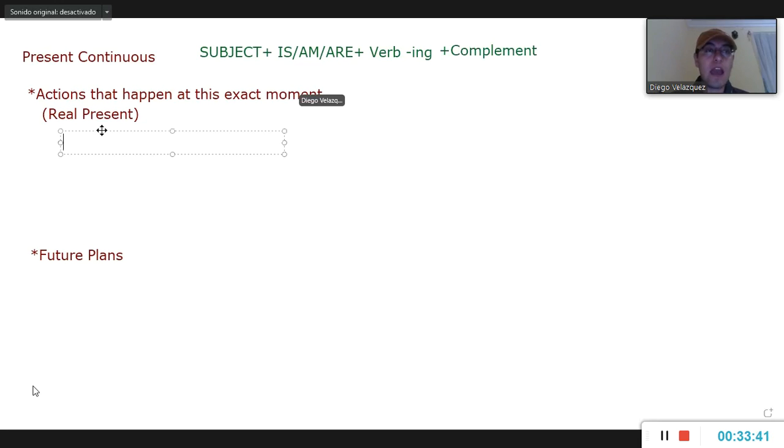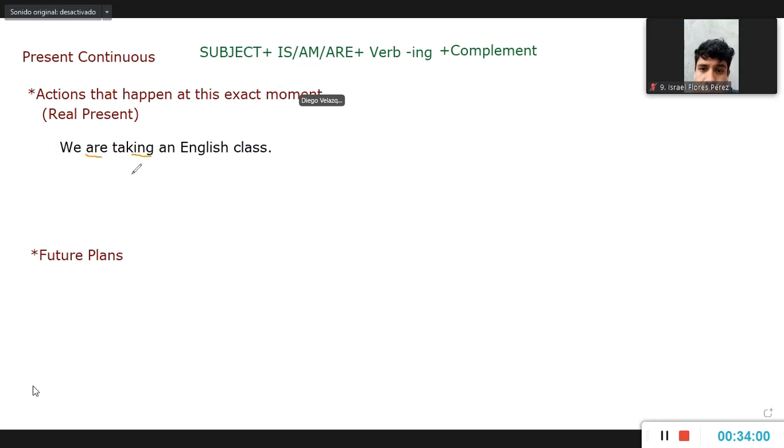So, for example, actions that happen at this exact moment. For example, children, right now in this moment, we are taking an English class.